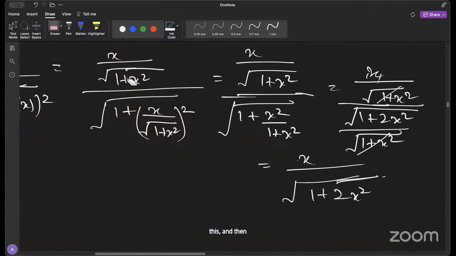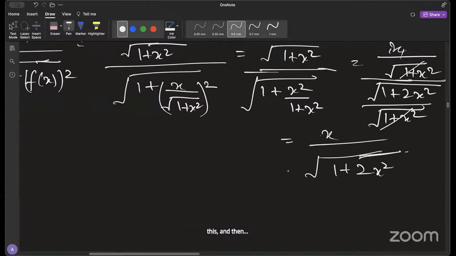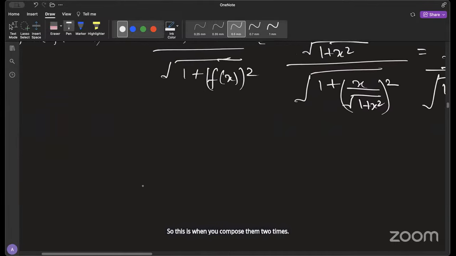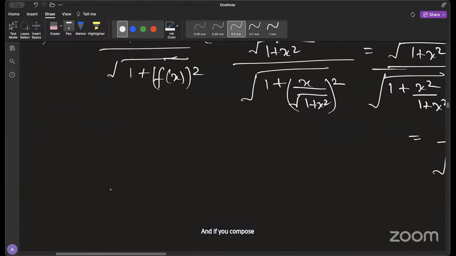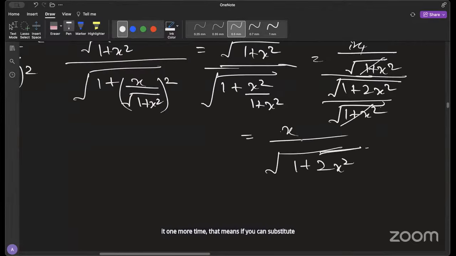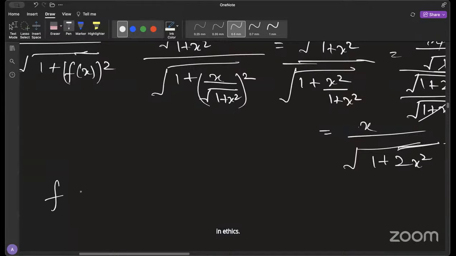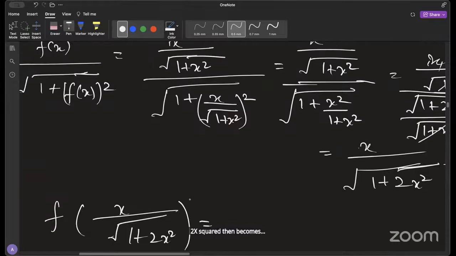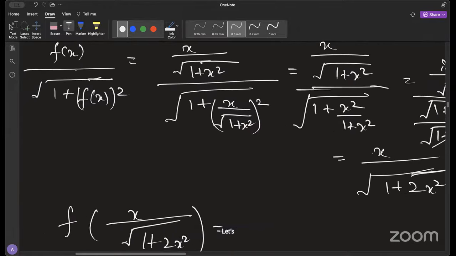This is when you compose them 2 times. And if you compose it one more time, that means if you substitute this thing in f(x), so f of x over square root of 1 plus 2x squared becomes, just put in place of x, you should be substituting this thing, right?